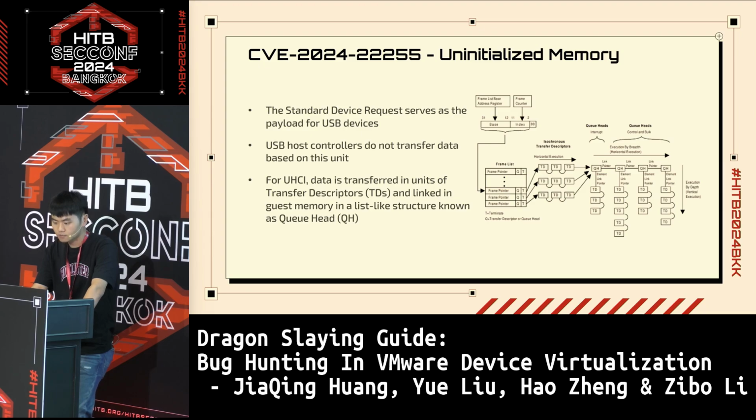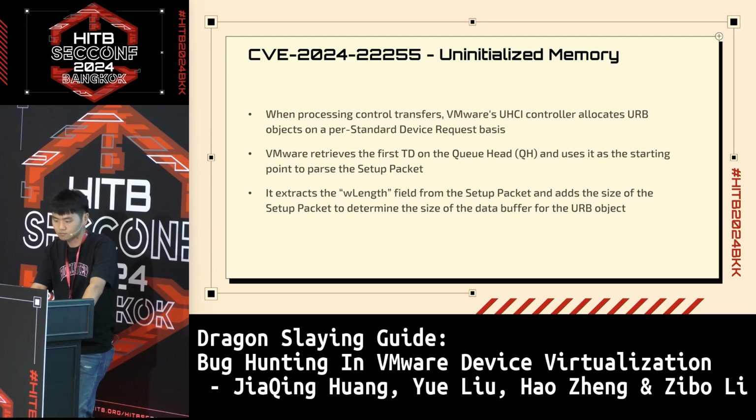The standard device request serves as the payload for the USB device. However, the host controller does not transfer data based on this unit. For example, in UHCI, data is transferred in units of transfer descriptors.